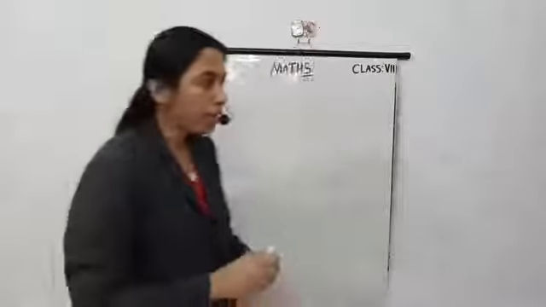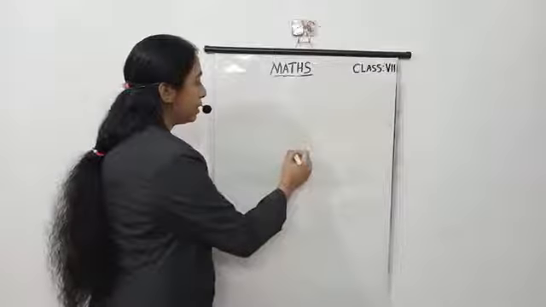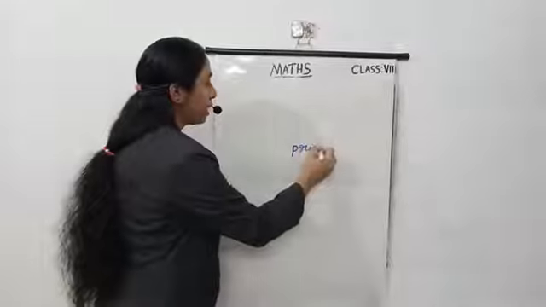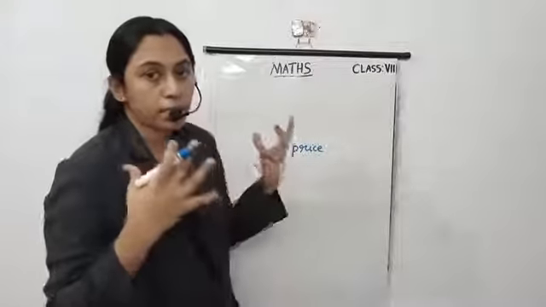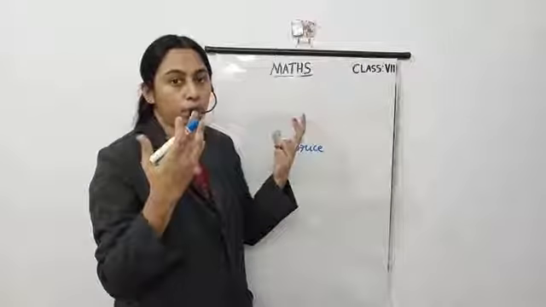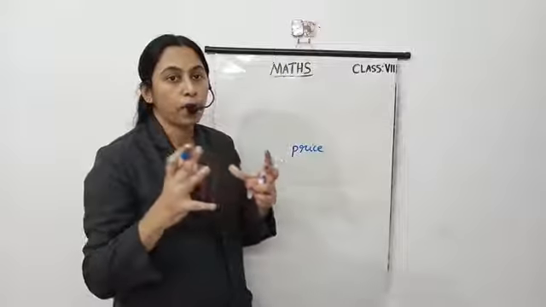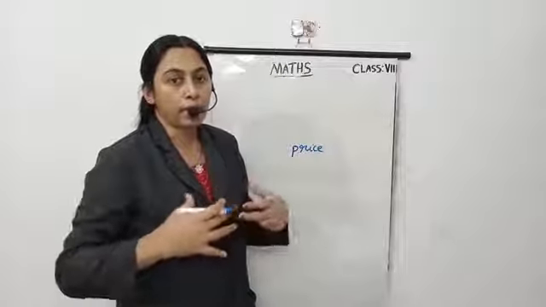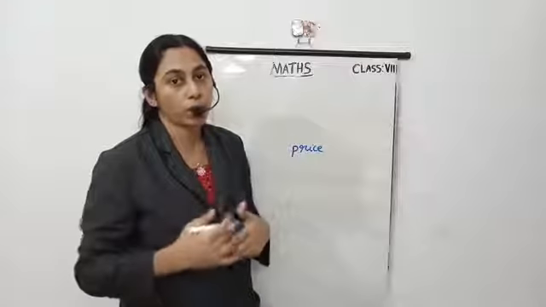So every item has a price, isn't it? Every item has a price. That item is made in a factory and they bring it to the shopping malls like that. Then we go there and buy things from that shop.